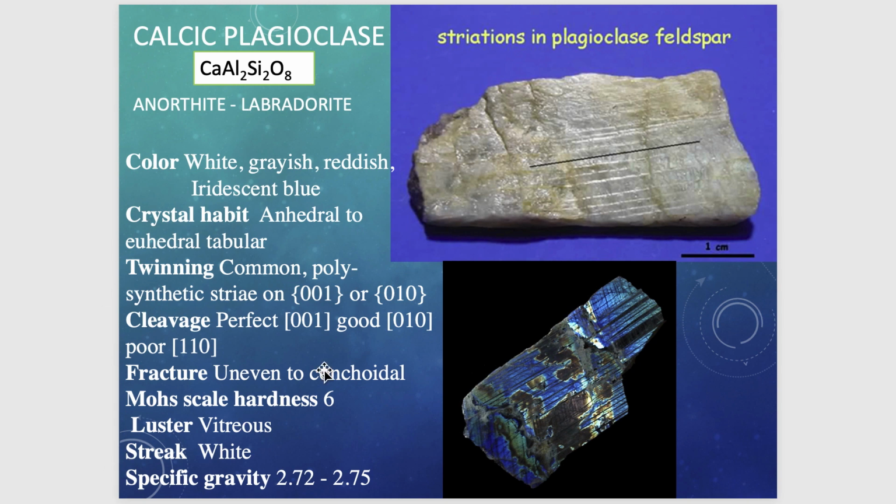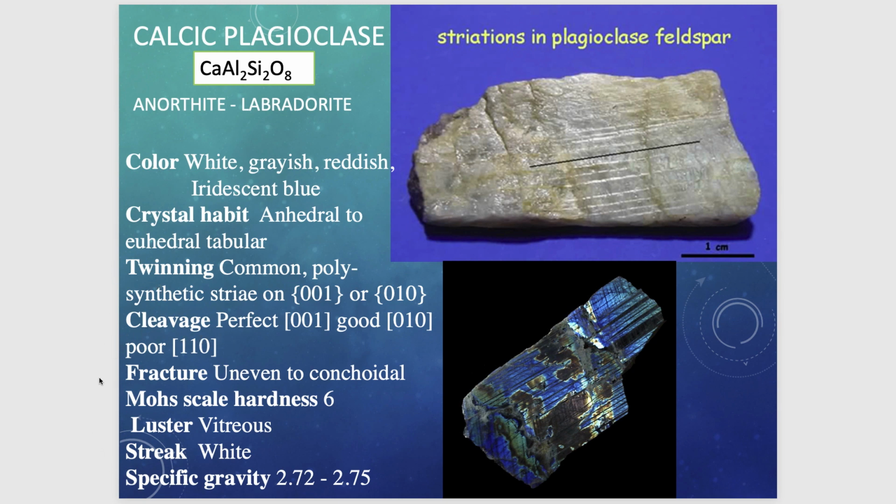Often the polysynthetic twinning in a thin section, which is a thin slice of the crystal, will look really like this, with repeated bands that have different extinction. So this is a bit complicated, but just keep in mind that you can recognize these features also in thin section. So the twinning can be seen in thin section as well as the cleavages.